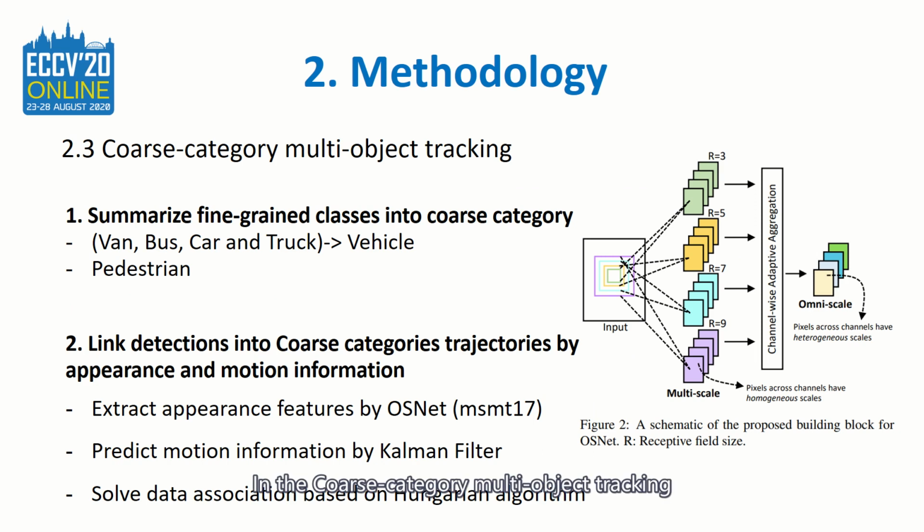In the coarse category multi-object tracking, we first summarize fine-grained classes van, bus, car, and truck into the coarse category vehicle and get two coarse categories, vehicle and pedestrian, and then link the coarse class detections into coarse category trajectories using appearance and motion information, and solve the data association problem by the Hungarian algorithm.